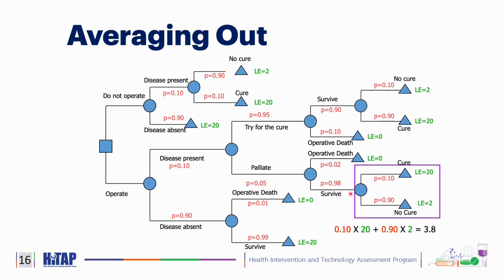So in this branch, if the patient chooses to operate, but the disease is still present and falls into the palliative stage, but still survives, the outcome would be around 3.8 years, compared to death, which has a life expectancy of around 0.